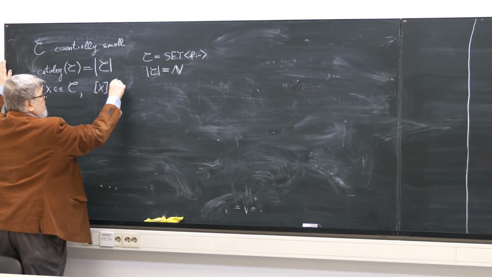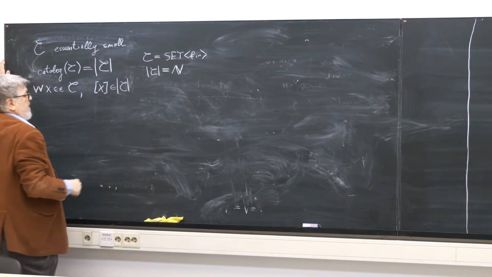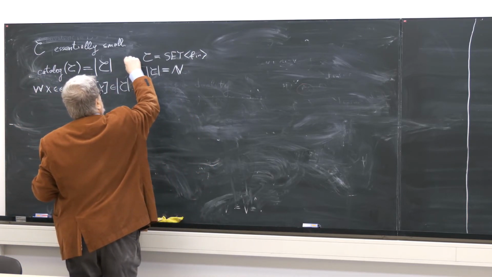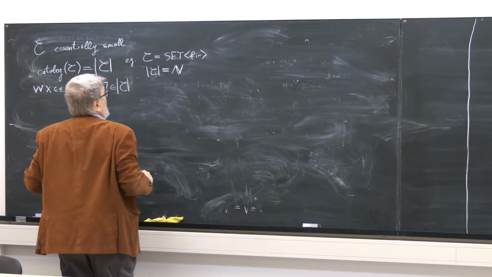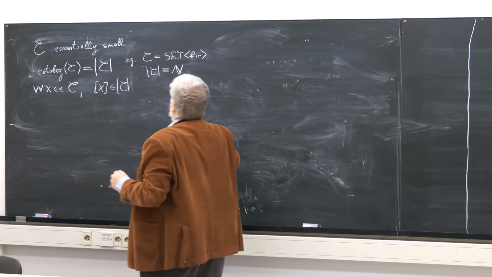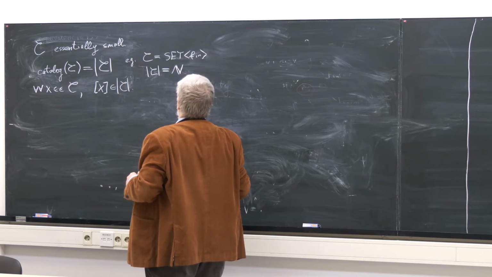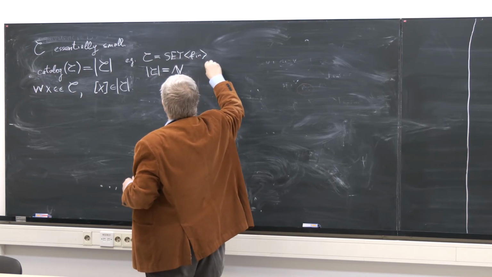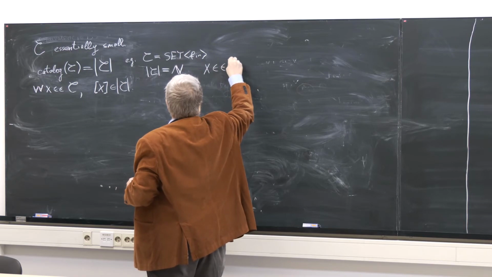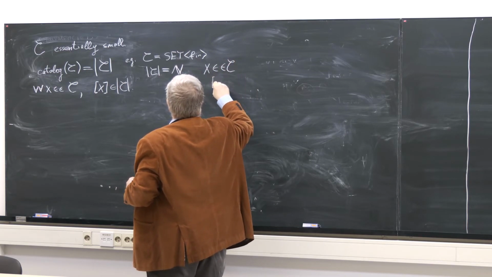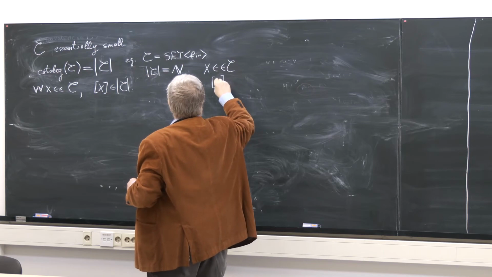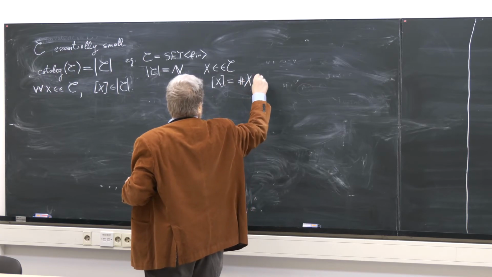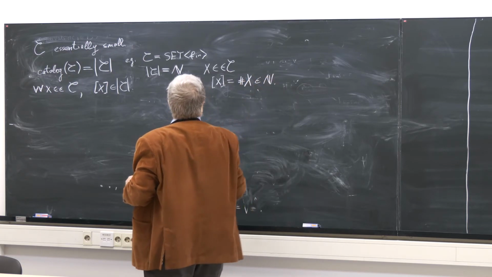Now it belongs to the absolute value of C. So, for example, a small clash of the notation happens here, because for a finite set X, its isomorphism class is the cardinality of X, of course, being a natural number.